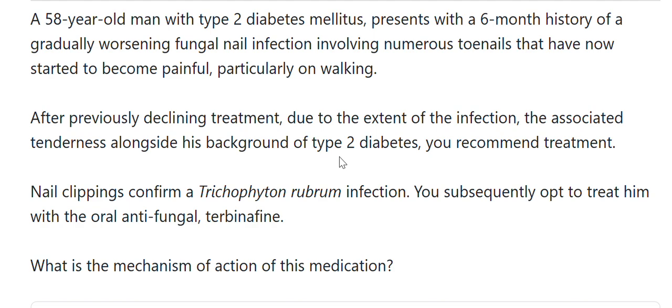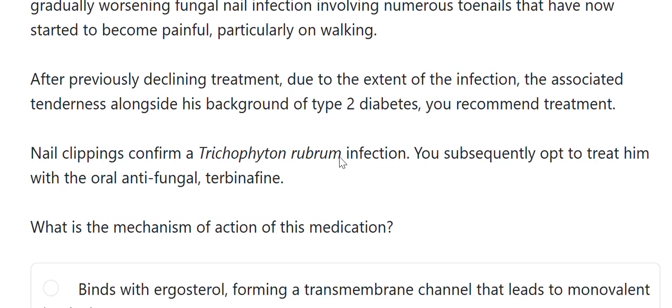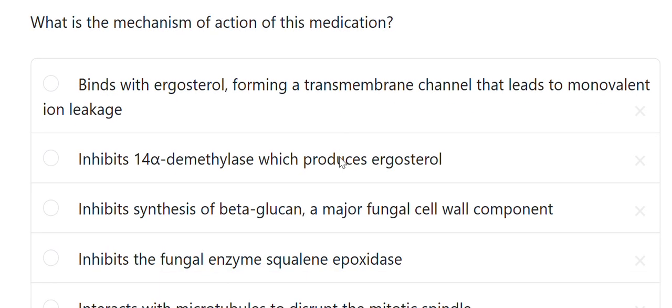You recommend treatment. The nail clippings confirm Trichophyton rubrum infection. You subsequently opt to treat him with the oral antifungal terbinafine. What is the mechanism of action of this medication?